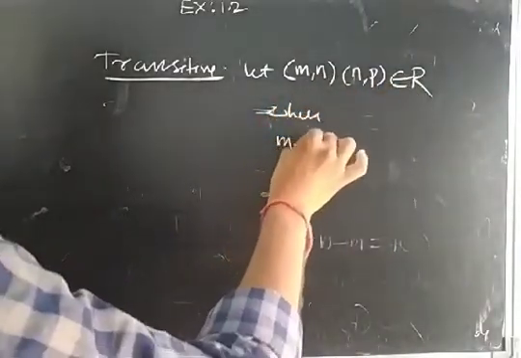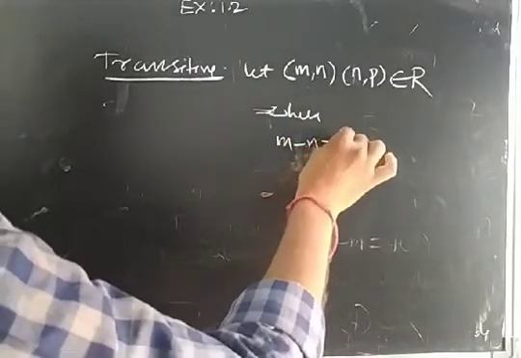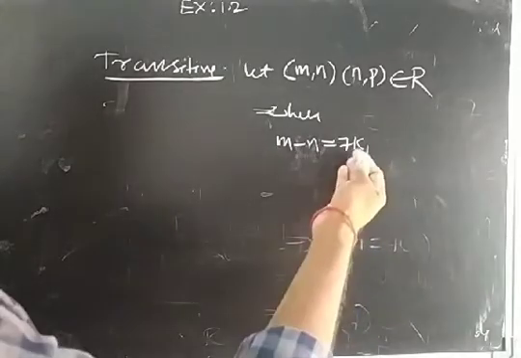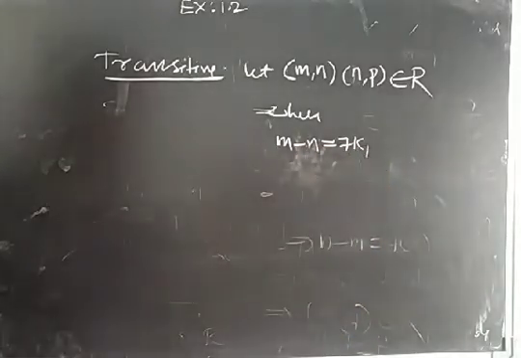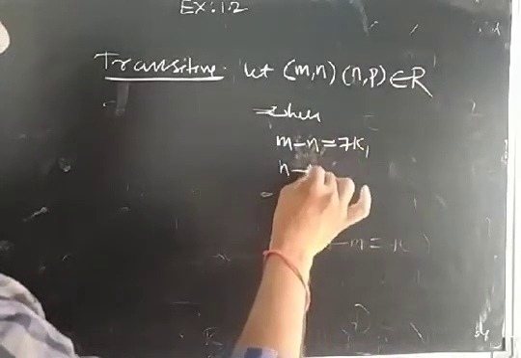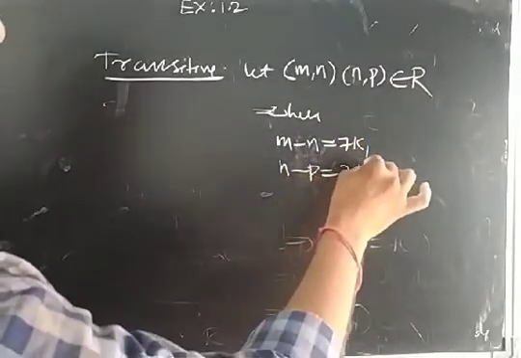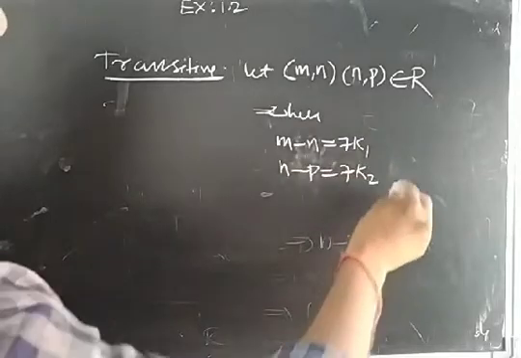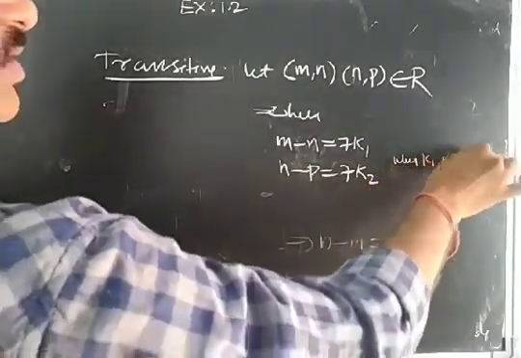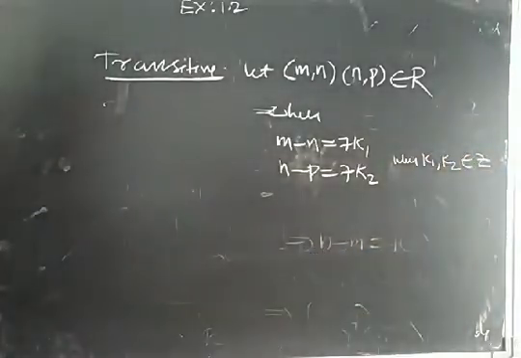What condition? m minus n is, say, 7 into k1, because m minus n is divisible by 7 since it belongs to R. And n minus p is also a 7 multiple, so I am writing some k1 and k2 here, where k1 and k2 are integers.